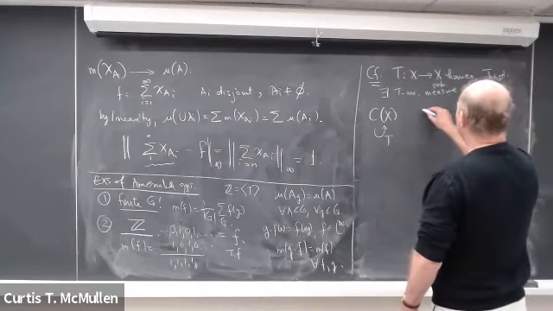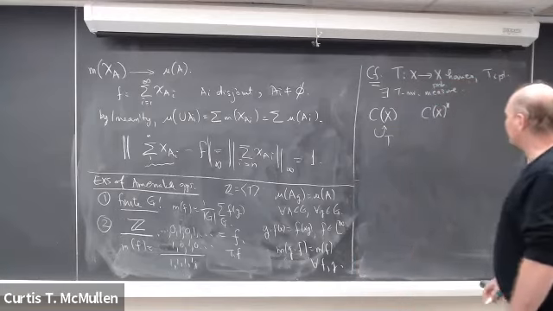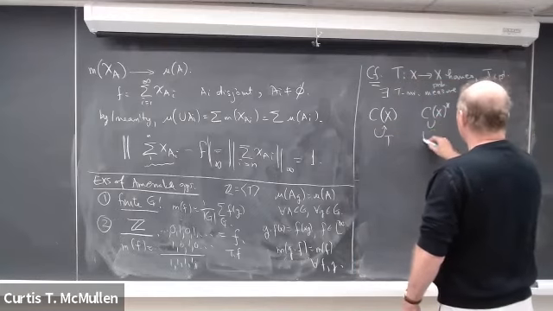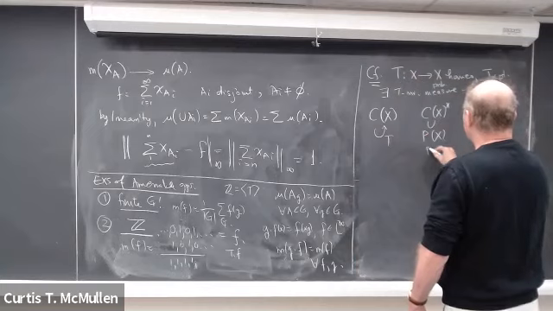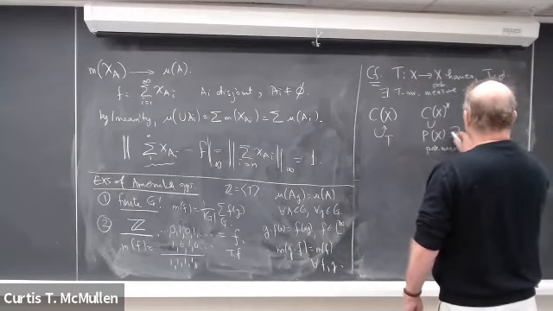And there's an induced action on the dual of the space C of X, which is the space of signed measures. And contained in here was the space of probability measures. That space is also preserved by T.